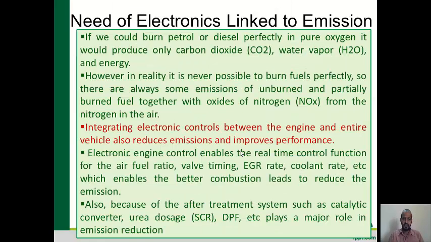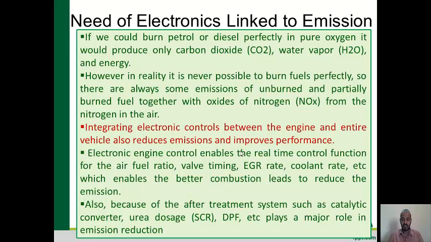Normally, complete combustion would produce only CO2, water vapor and energy. But in reality, a lot of emissions are produced, like HC, CO, NOx, all those things. Nowadays, because of the electronic controls, you can optimize the air-fuel rate, valve timing, EGR, coolant rate, etc. Based on this, you can reduce the emissions.